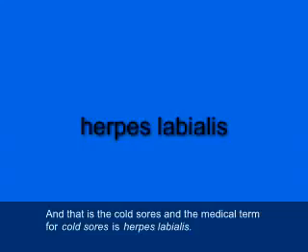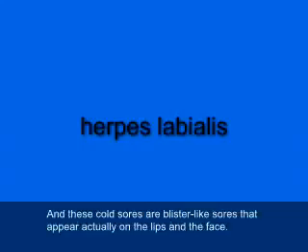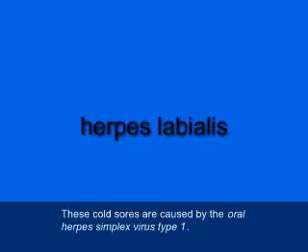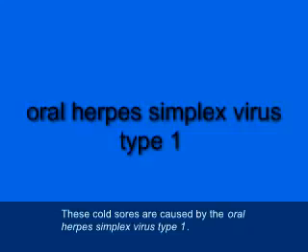Herpes labialis. And these cold sores are blister-like sores that appear actually on the lips and the face. They're exterior, whereas the aphthous ulcers are inside the mouth on the soft tissues. And these cold sores are caused by the oral herpes simplex virus, type 1.